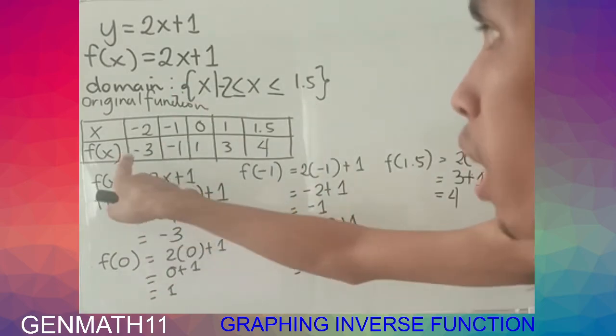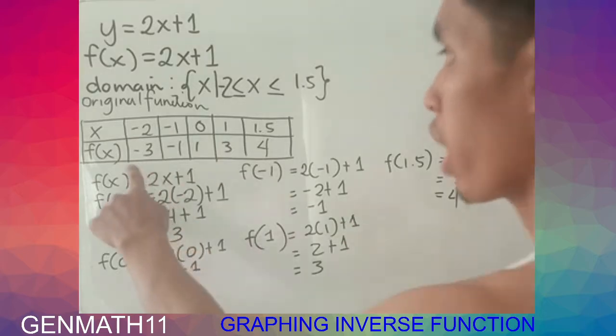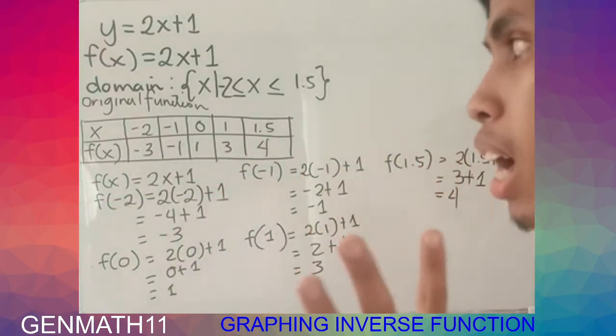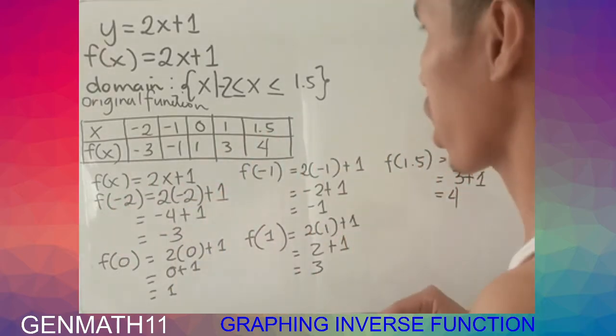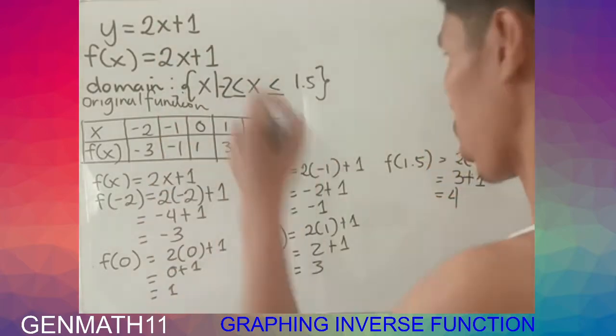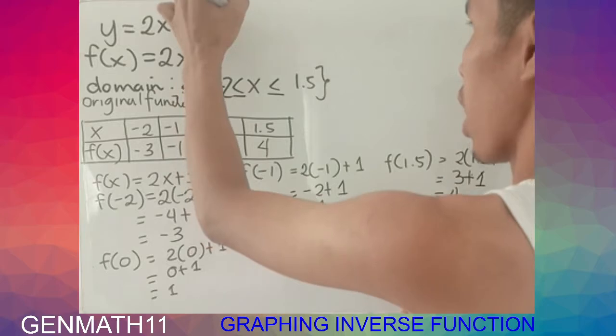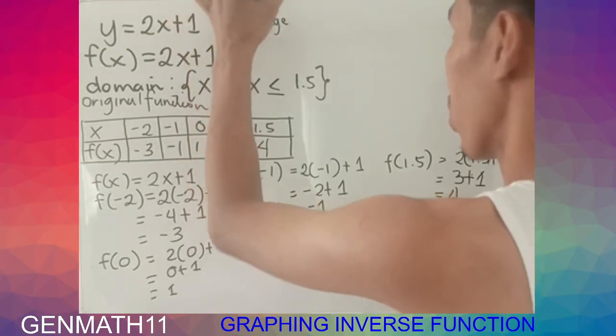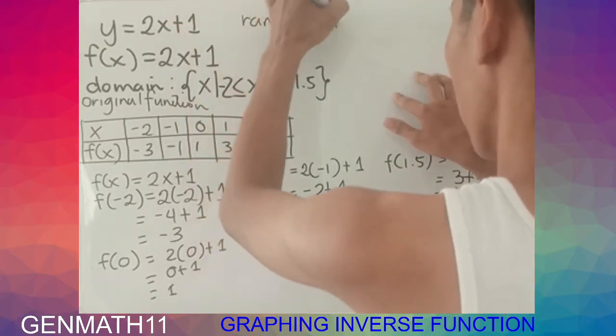So, ano yung pinaka-restricted natin? So, from negative 3 to 4 lang. So, ibig sabihin, ang kanyang range ng ating original function is, lagyan na lang natin dito sa taas. So, range of the function.